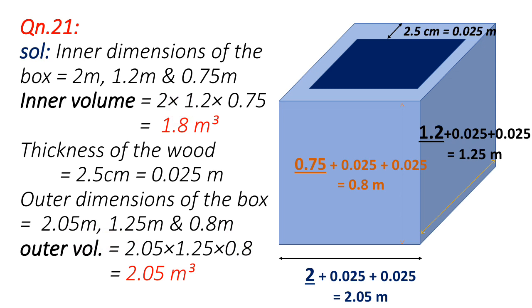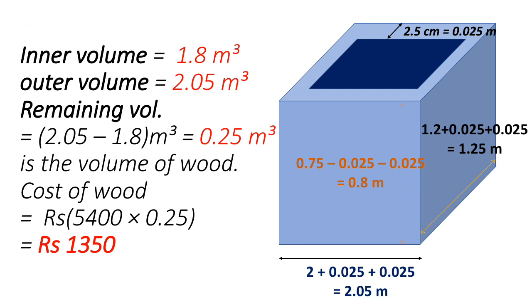The remaining volume can be calculated by subtracting the inner volume from the outer volume. From this outer volume we have subtracted the inner volume, and we have got 0.25 meter cube.